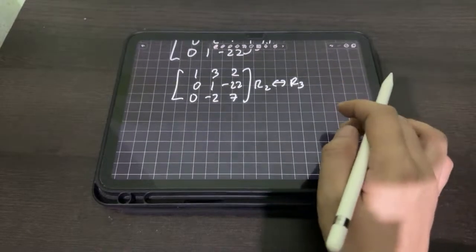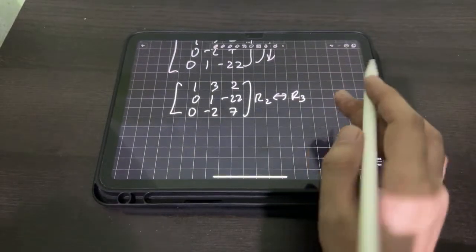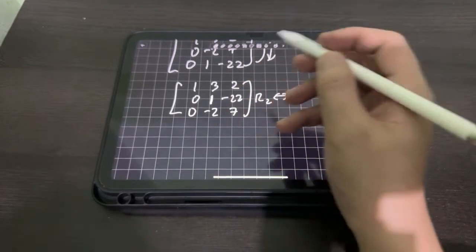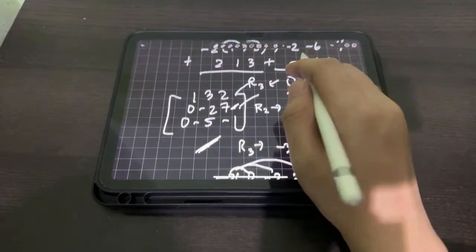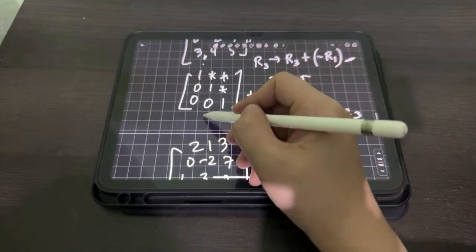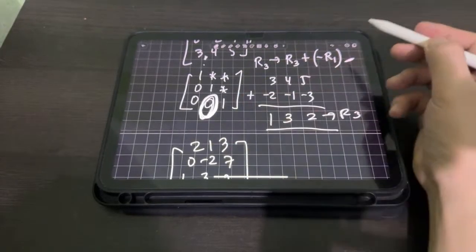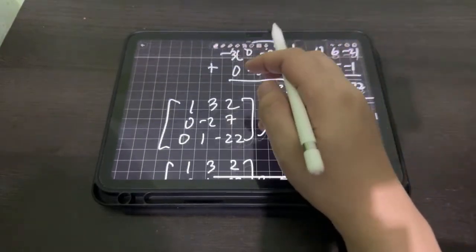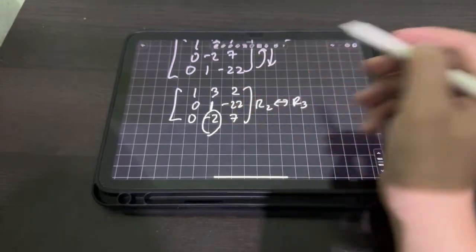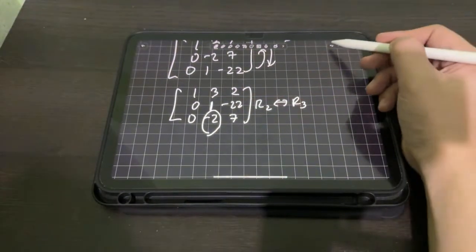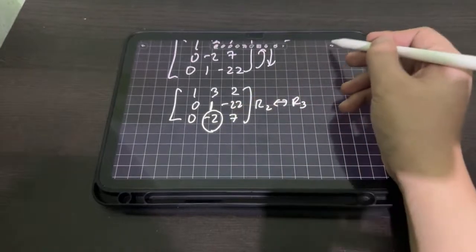Okay? So next, now that we have a 1 here, the next goal is to make this 0, which in our given is negative 2. So how can we make this negative 2 zero?